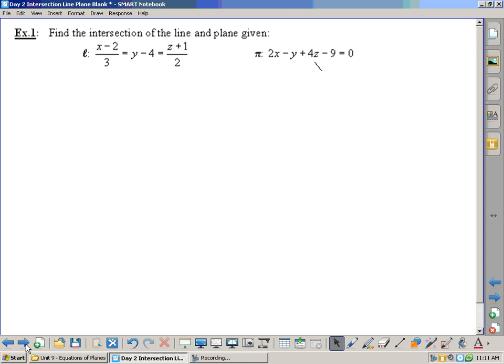We have a line and it's given with the equation L, and it's (x - 2)/3 = (y - 4)/1 = (z + 1)/2. And then you've got a separate plane given with the symbol pi. Remember, this isn't 3.14, it's just a pi, Greek letter. And it's 2x - y + 4z - 9 = 0.